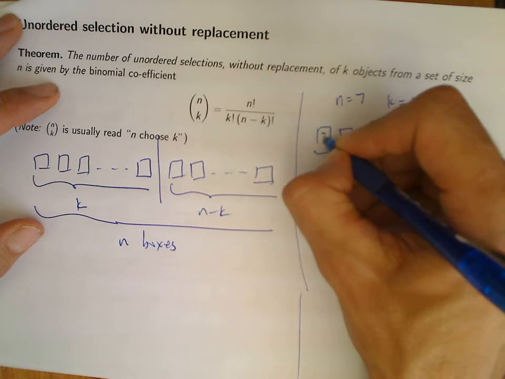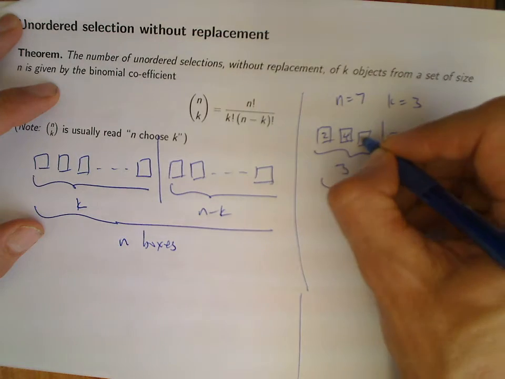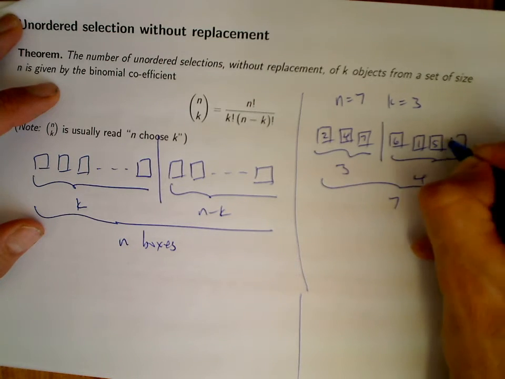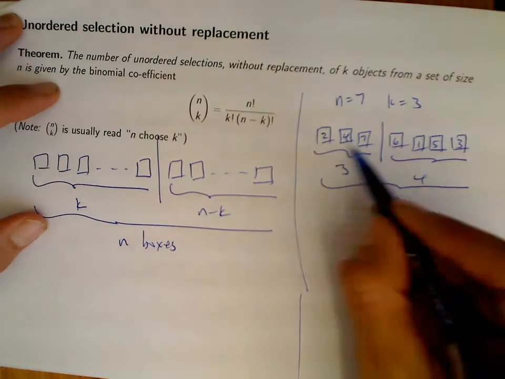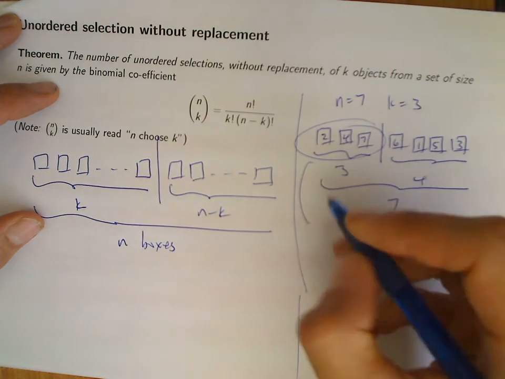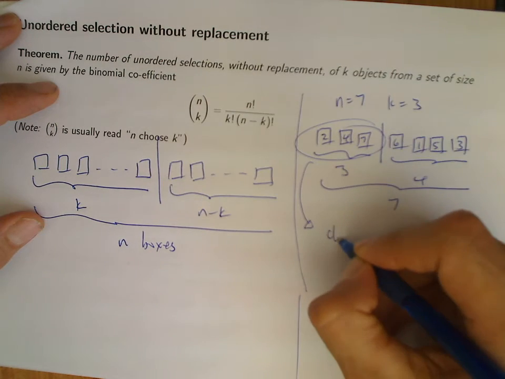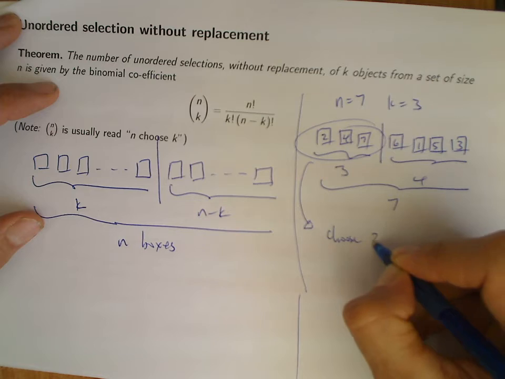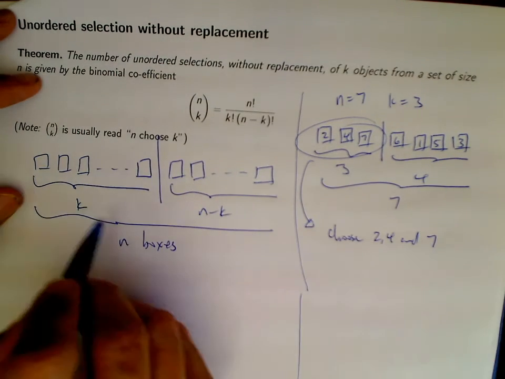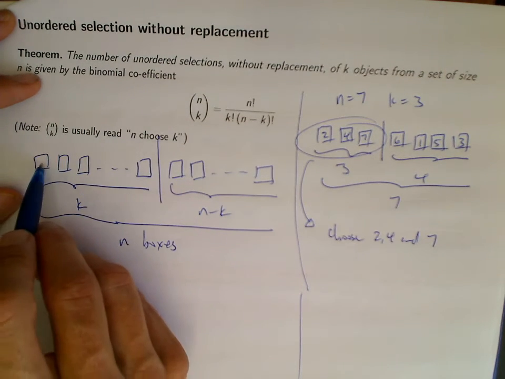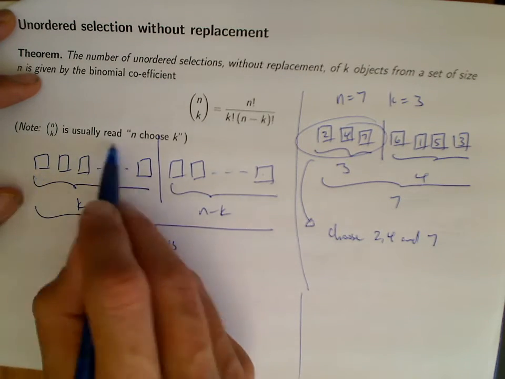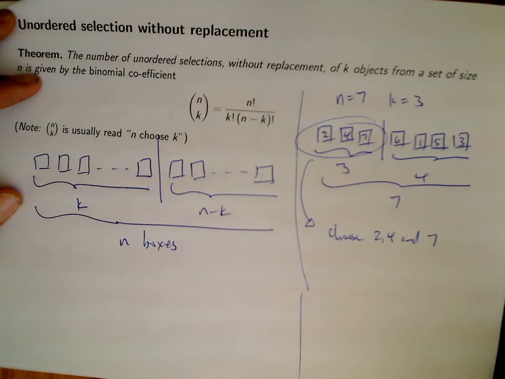I might have, say, 2, 4, 7, 6, 1, 5, and 3. And then I'm going to take those first 3 as my choice. So we choose 2, 4, and 7. That's what happens over here. We put the n objects into our boxes, and then we just take the first k, and those are the ones that we choose.